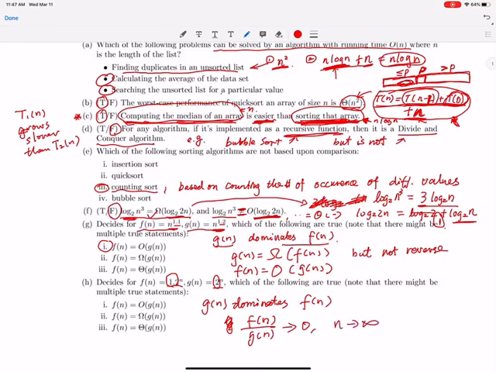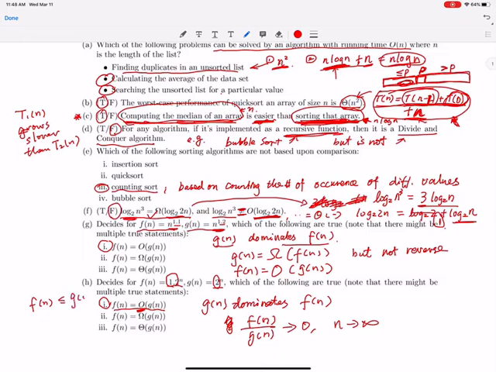So translate into big O notation: f of n grows no faster than g of n, so that's what big O stands for. Please remember, a way to remember big O, big omega, and big theta is that you can think of big O as a less than or equal to relation.